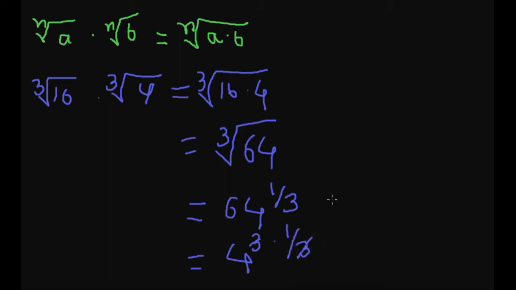So this will cancel and the result is 4. So this is the way we solve second property related questions.